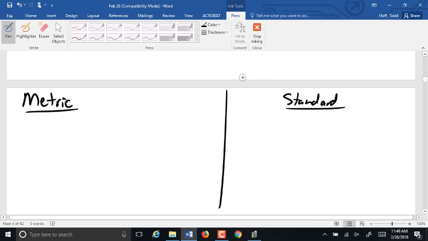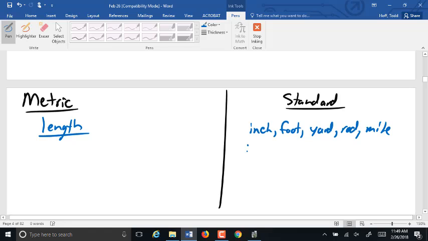For length, in the standard system, we had the inch, foot, yard, rod, mile. To fill in some of the other ones, we had the hand, the cubit, furlong, fathom. All of those different units, and there are more of them, there's a chain.